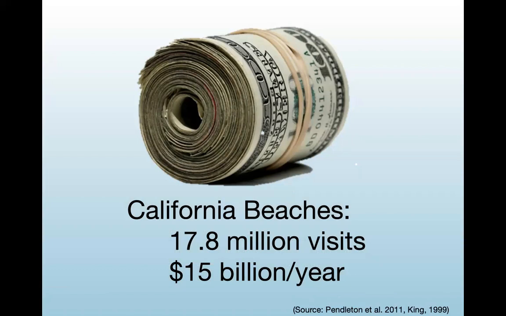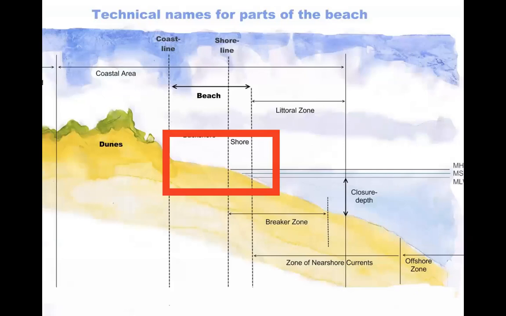So that means that our beaches are not only worth taking care of because we enjoy them and they're an ecological habitat, but they support California's economy. So let's talk about what the beach is. You have the coastal area up on the left where the dunes are, where you might see some plants or vegetation.